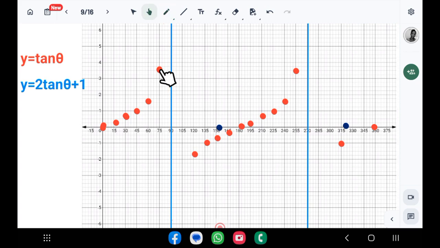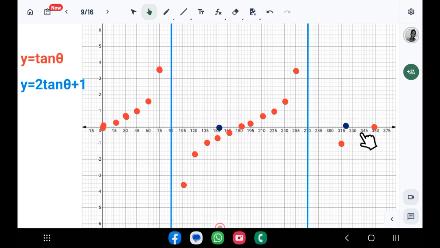That should be at just over negative 3.5, but below negative 4, somewhere there.